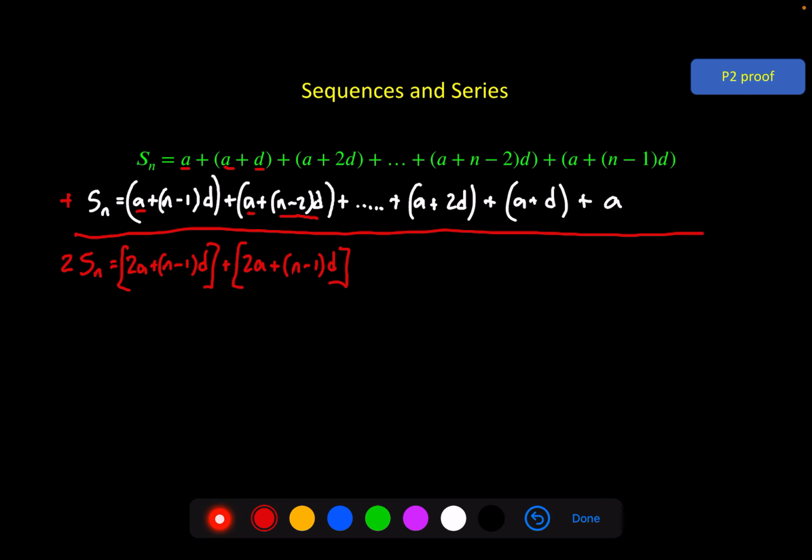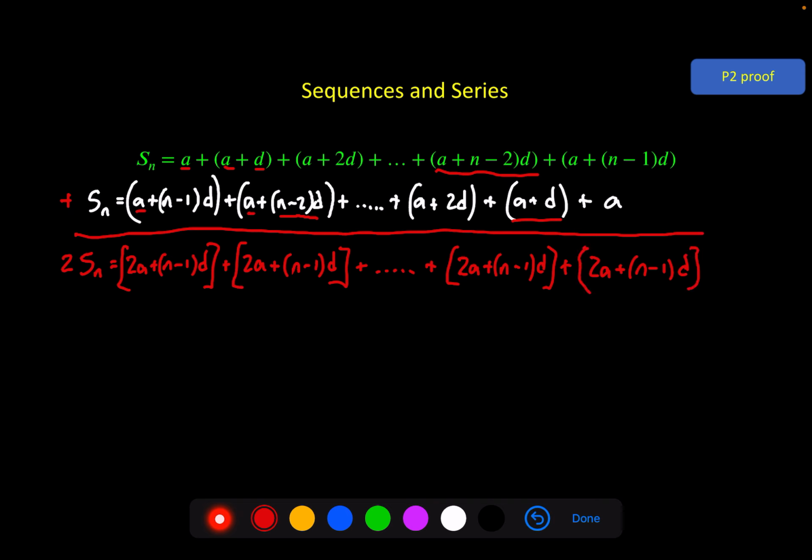And if I jump to the end, this one plus this one is obviously the same because I've just done that, but the other way around. 2a plus n minus 1 d. And of course, this last addition and the first addition are the same. So again, we've got 2a plus n minus 1 d.